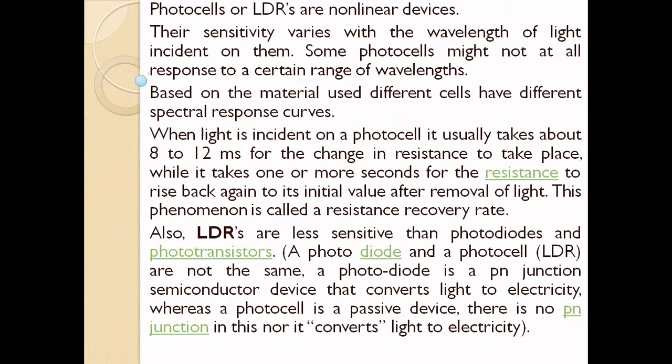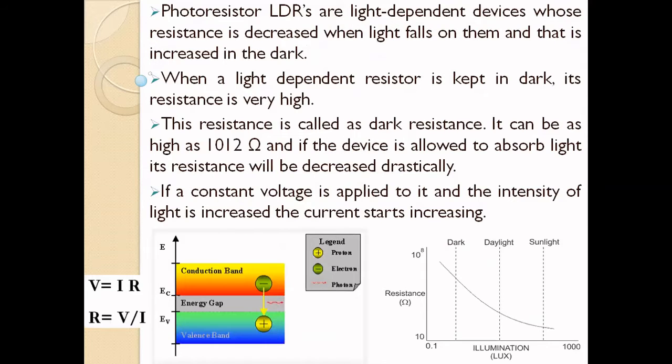Next we are going to see what is meant by resistance recovery rate. Suppose I am changing the intensity of the light: 0, 10, 100 and 1000. Now I am keeping the illumination level at 10, so the resistance will reach some value.